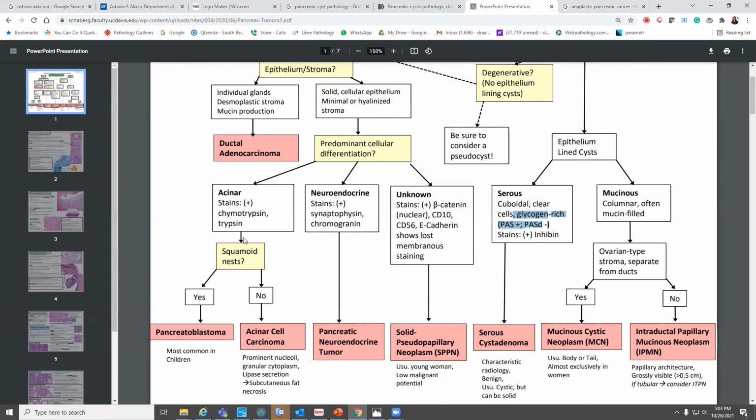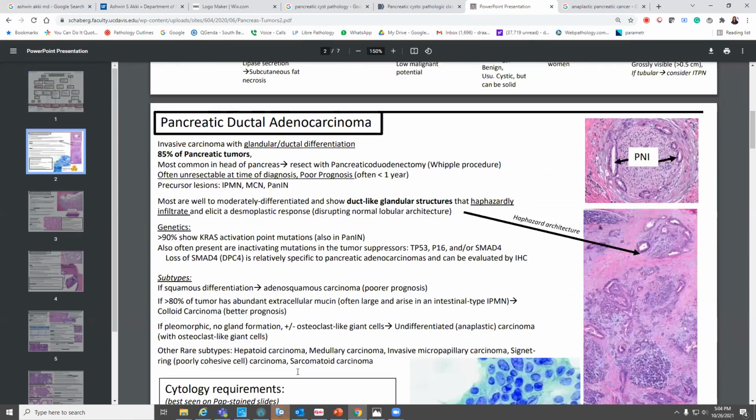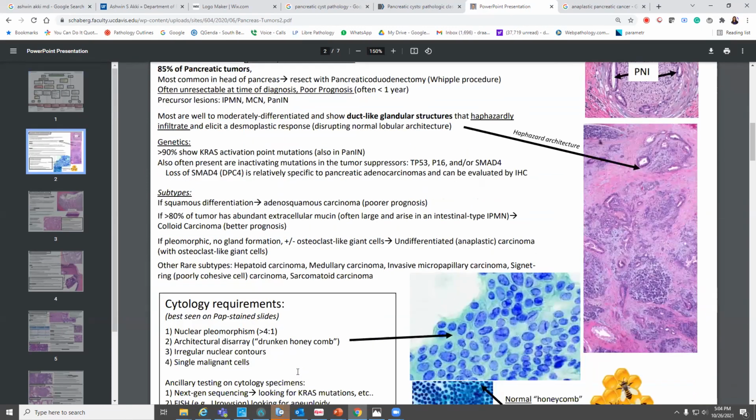And do you see squamoid nests? That points to pancreatoblastoma. If you don't see the squamoid nests, then it is more of a traditional acinar cell carcinoma with all that granular cytoplasm. So that's the gist. Pancreatic ductal, I'm not going to go into detail.